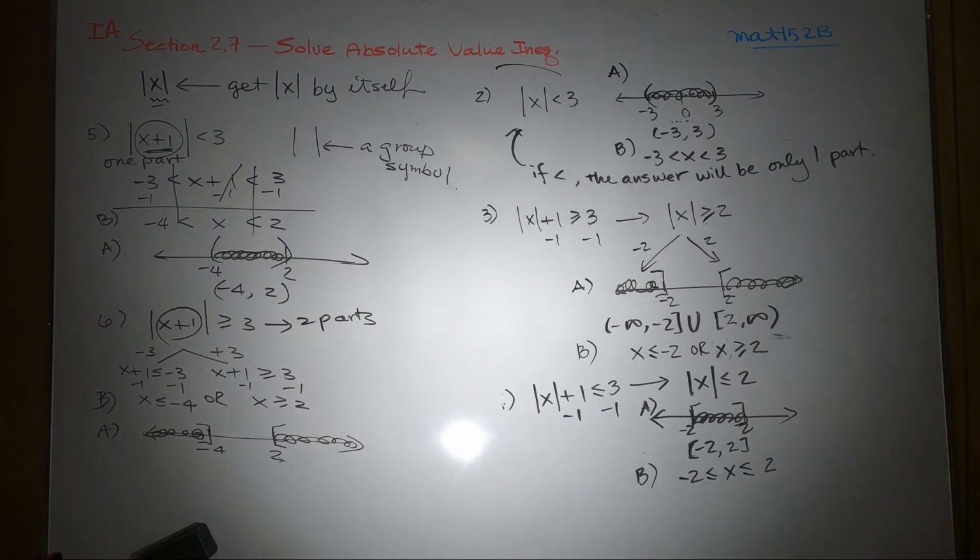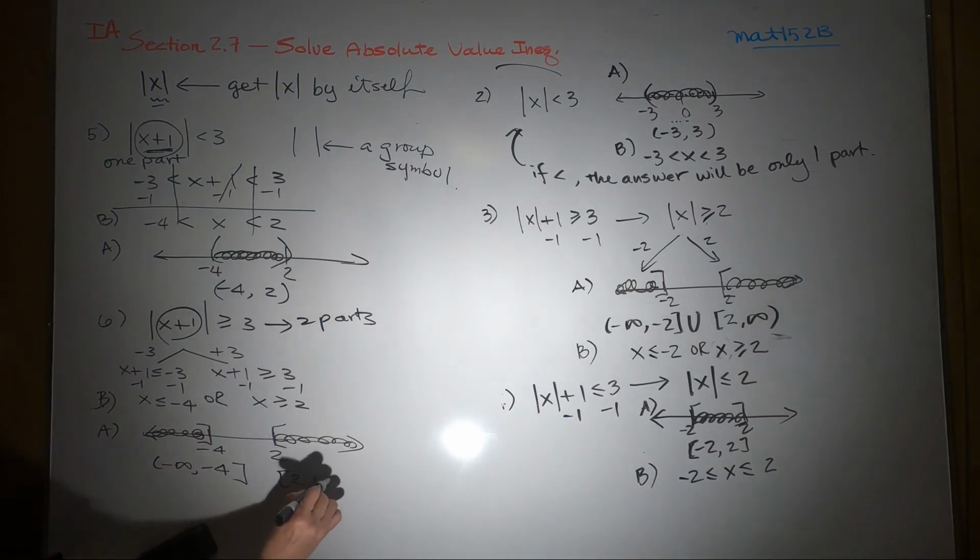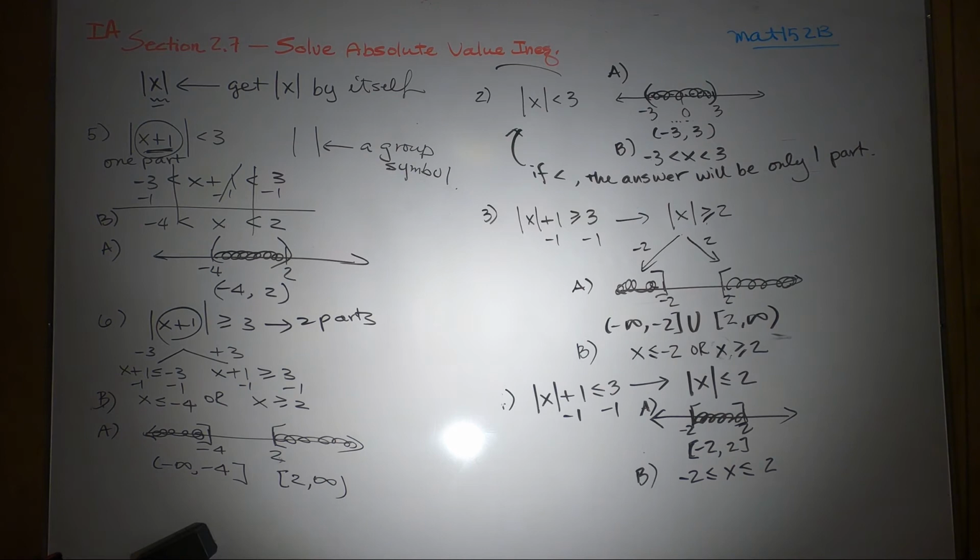Then how do we show 2 parts with the interval notations? This would be what? -infinity to -4 bracket, right? Another part would be what? 2 to infinity, right? Together, you use what?